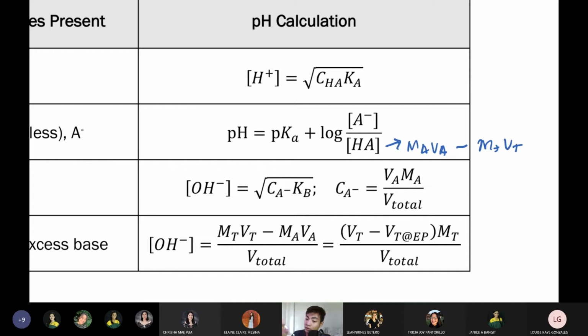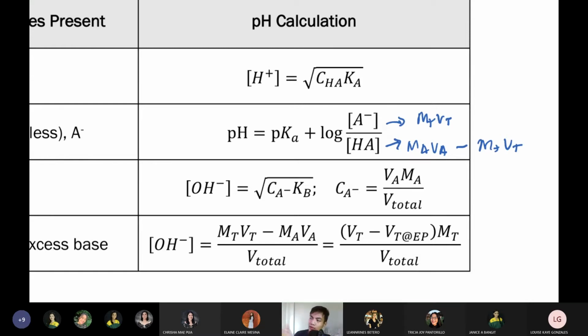So that means this is MTVT. Kung gaano karaming titrant nilagay mo, ganun karami yung conjugate base mo. Okay, so sana gets, no?